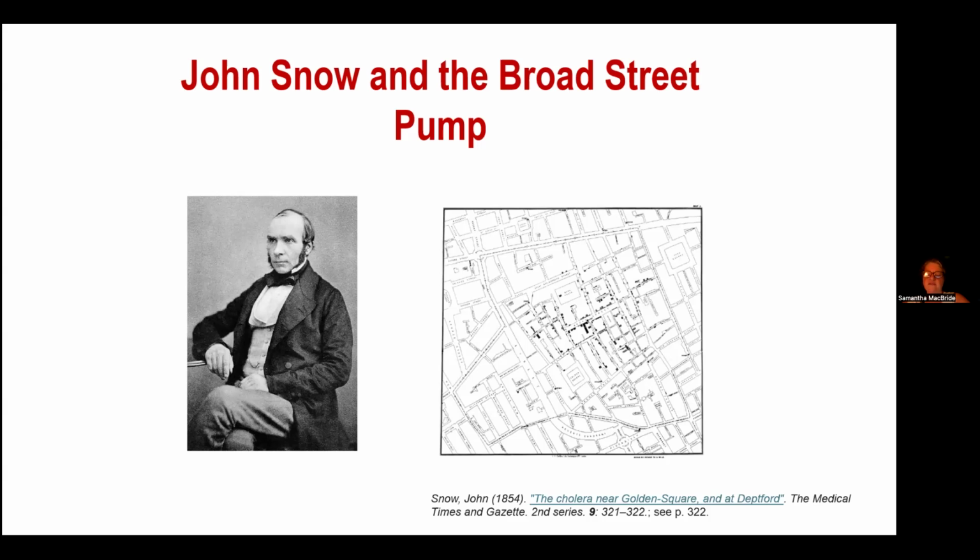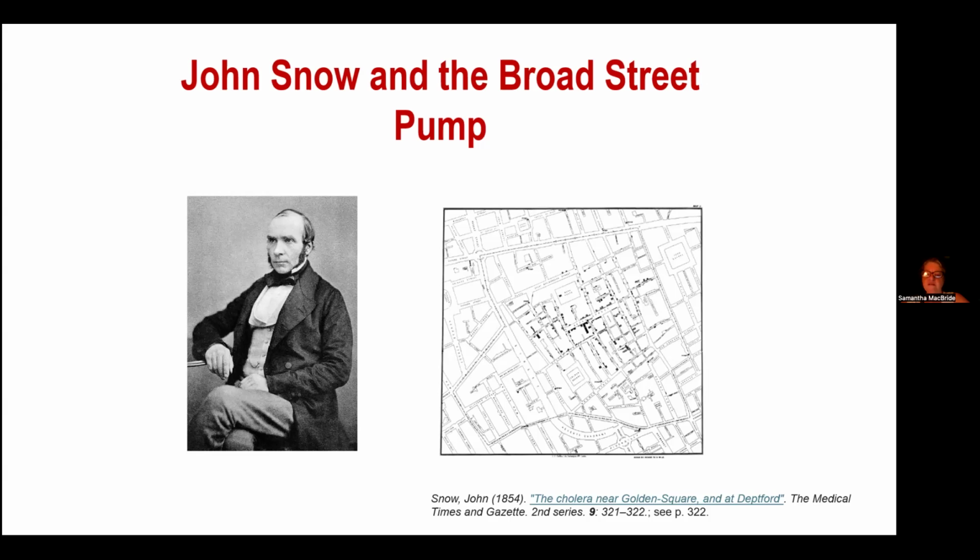And what he did was there was an epidemic in London of cholera, the disease cholera, and it was believed at that time that it was transmitted through gas that was coming from swamps, and that was holding on to the contagion.